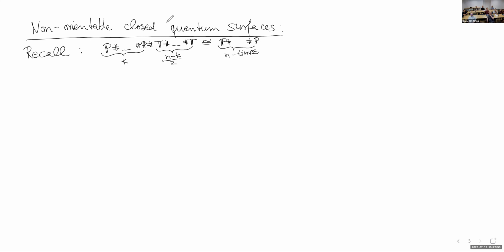And I take it again. So this one always gives twice the projective space. I didn't fix N, that was the question. Now I know what you mean.